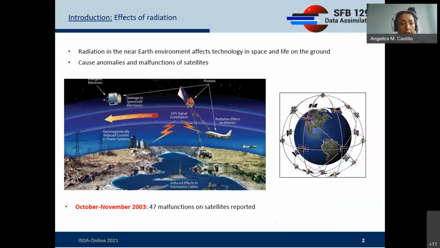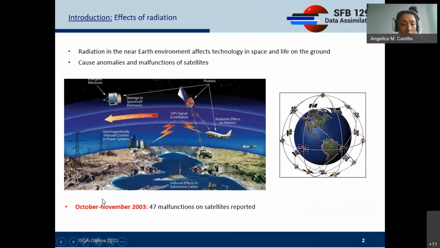As a side note, energetic particles can cause damage to the electronics of spacecraft. They can disrupt GPS signals. They can induce currents that damage our power grids and submarine cables. But most particularly, they can cause anomalies and malfunctions in spacecraft in space.